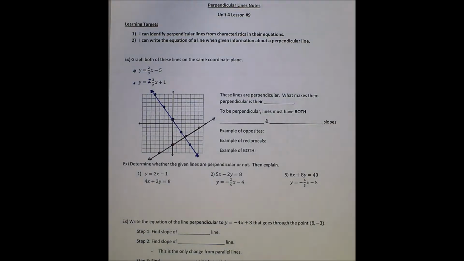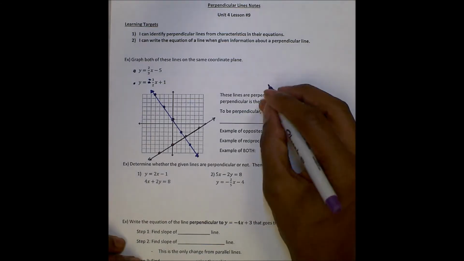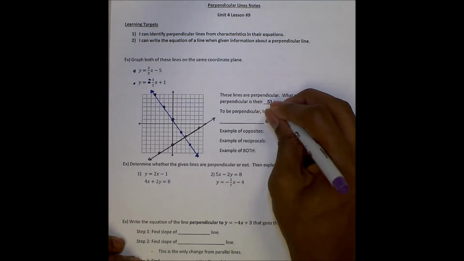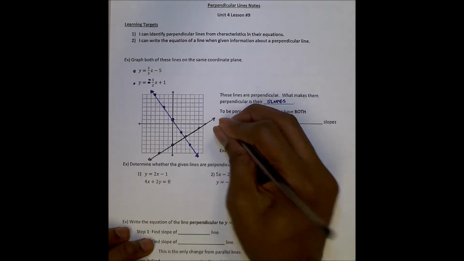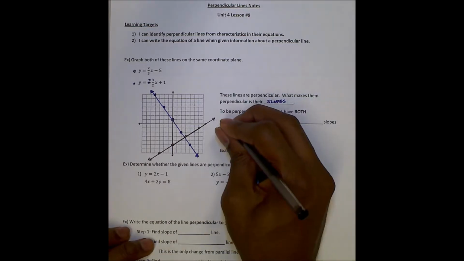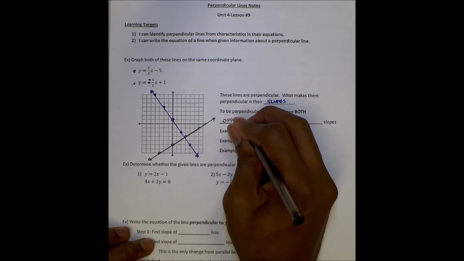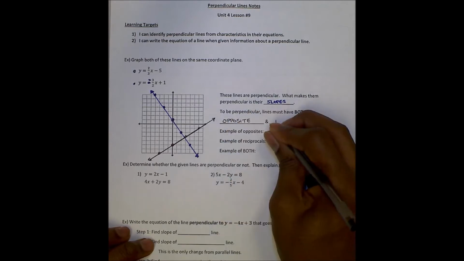What makes them perpendicular is their slopes. Okay, to be perpendicular, lines must have both opposite and reciprocal slopes.